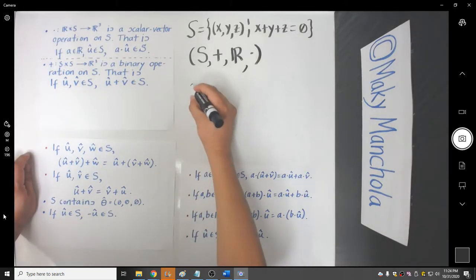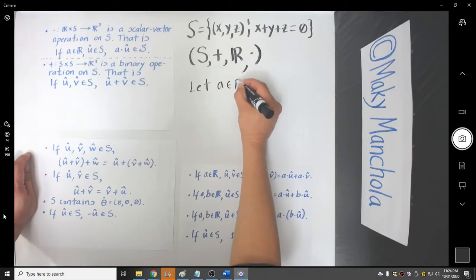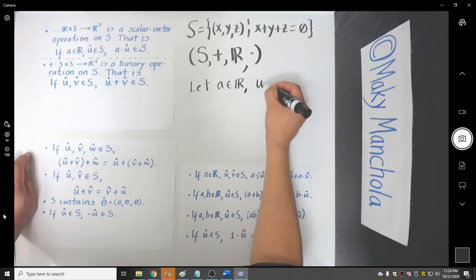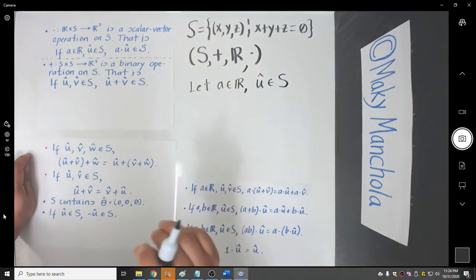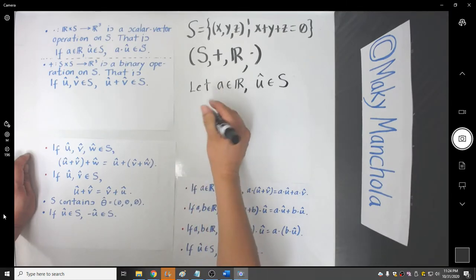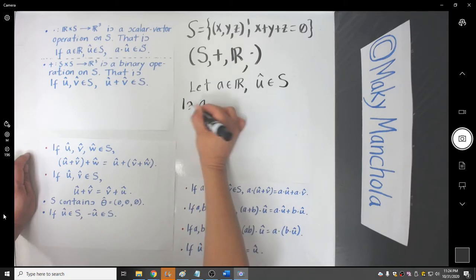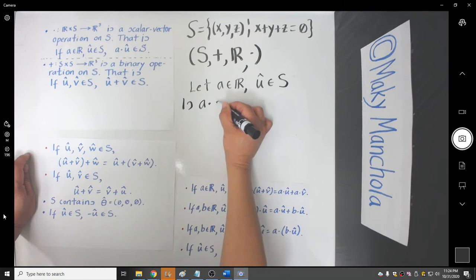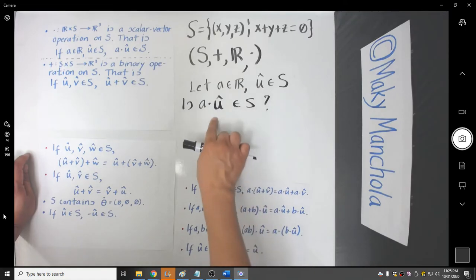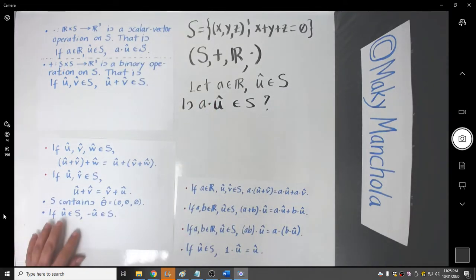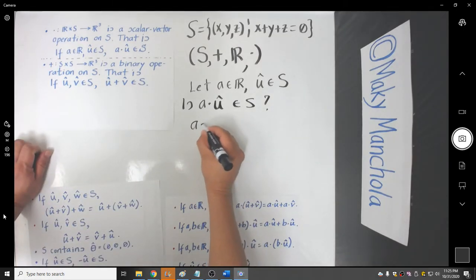So let A be a real number and U be an element of S. Here's what we're asking. Is the scalar product A dot U in S? We need to confirm that it is. Okay, so let's see. Let's find out what A dot U is.